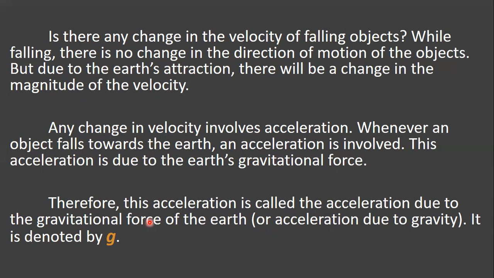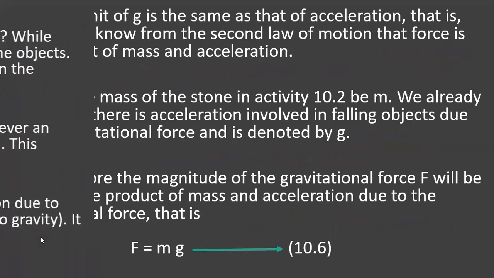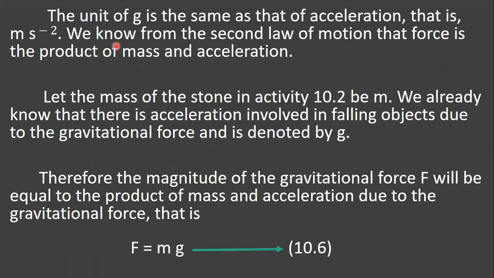Now, this acceleration is because of the Earth's gravitational force, and it is called the acceleration due to gravity. It is denoted by small g. The unit of g is the same as that of acceleration, that is meter per second square. This is the SI unit of acceleration due to gravity.